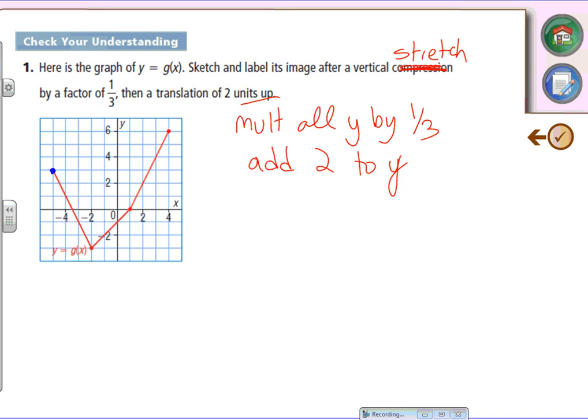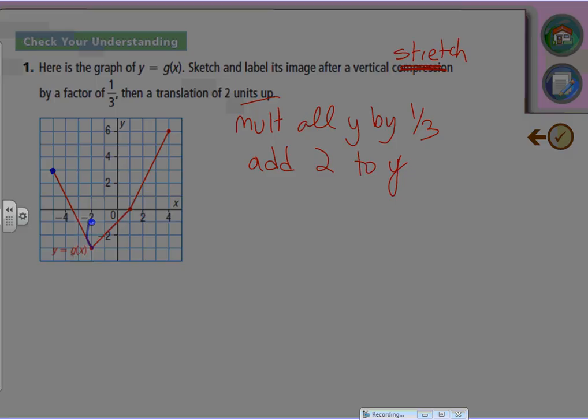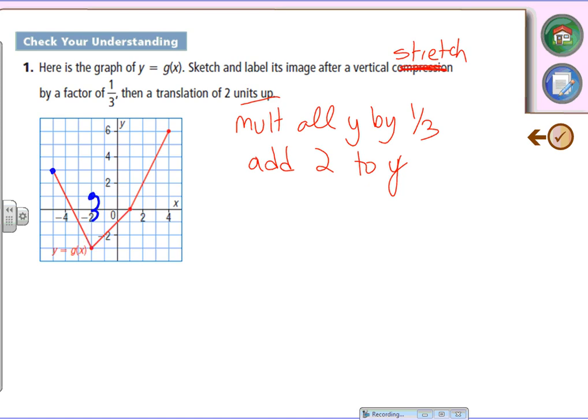No. It moved. It just happened to get back to the same place, but it did actually move. So invariant points are only ones that don't move at all. So now we've got -3 multiplied by 1/3 takes us to -1, and move it 2 up. 1, so it's now here.